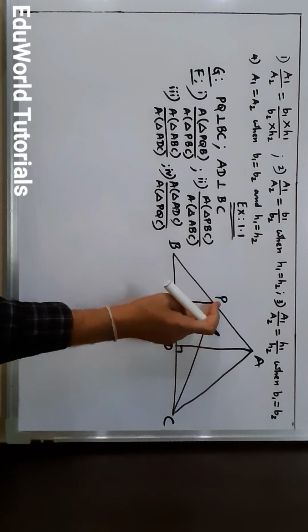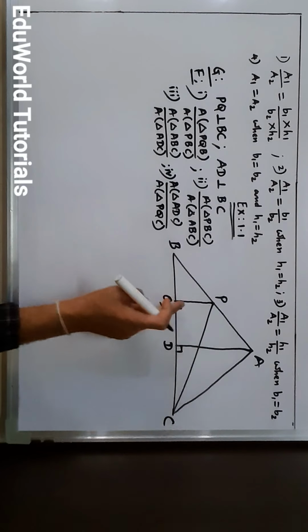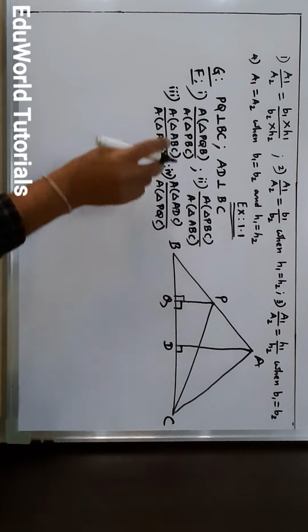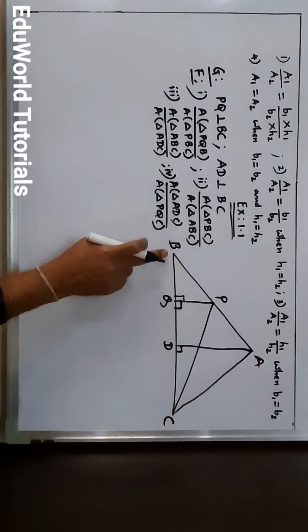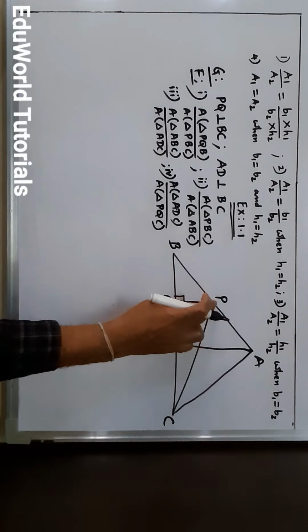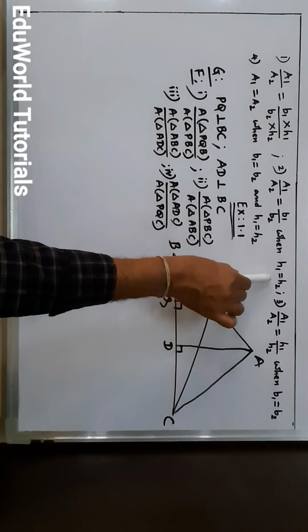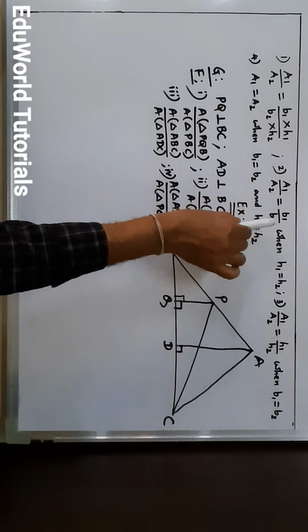In triangle PQB, if you consider BQ as the base, then height is PQ because this is a right angle triangle. And in triangle PBC, if you consider BC as the base, then PQ is the height. So you see that height PQ is same in both the triangles. Now when height is same, we have to immediately think about the second property, A1 by A2 is equal to B1 by B2.